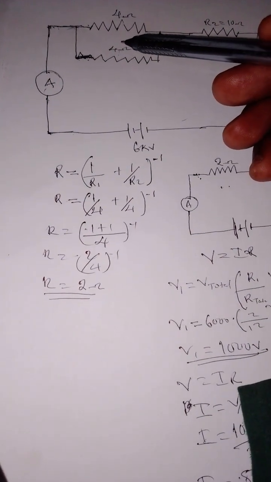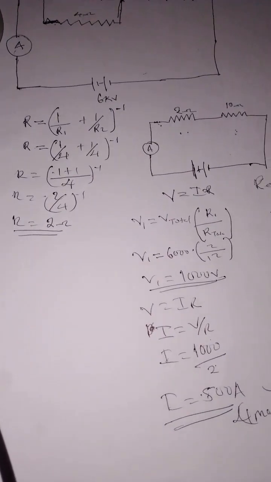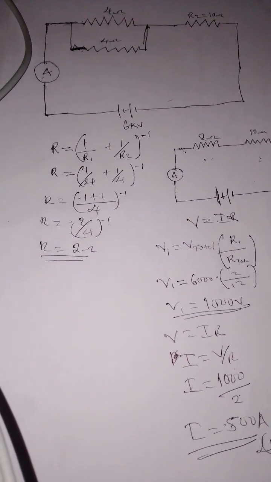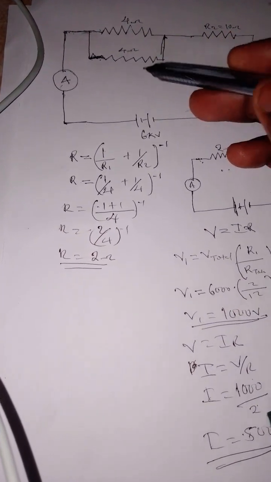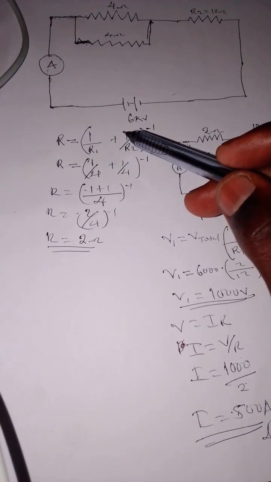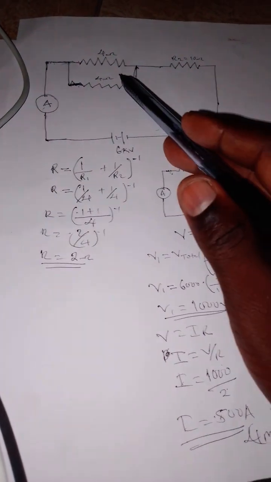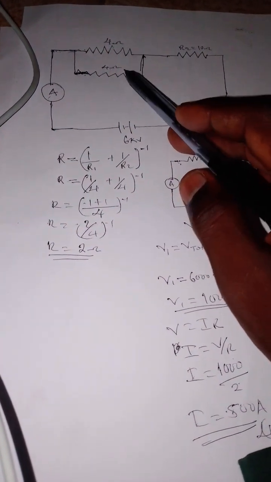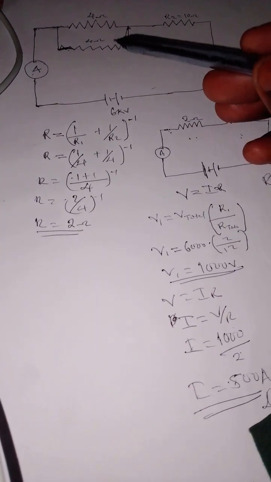We first of all have to make sure that we break this down. So it is going to be 1 over R1 plus 1 over R2. Remember, it is different from capacitors. For capacitors we could have just added this plus this, but here it is the opposite way, because this is a resistor circuit.